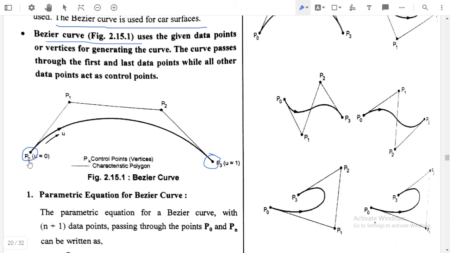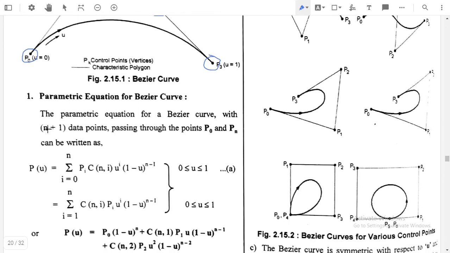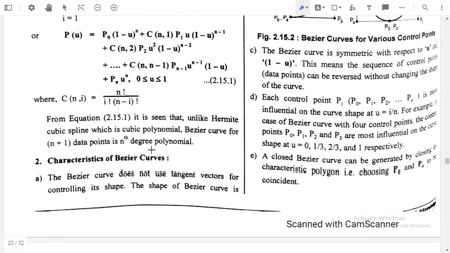So at P0 u is equal to 0, and at P3 u is equal to 1, and the points P1 and P2 are called the control points. Means as the position of the points P1 and P2 changes, the shape of the Bezier curve will get changed.